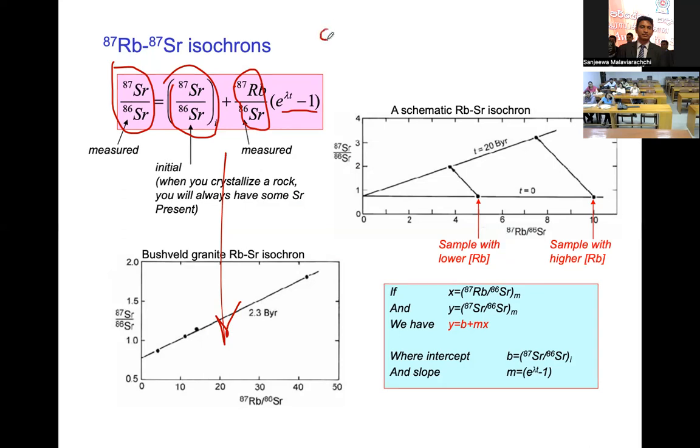We are not going to discuss much on that, but remember there is something called closure temperature. Closure temperature.